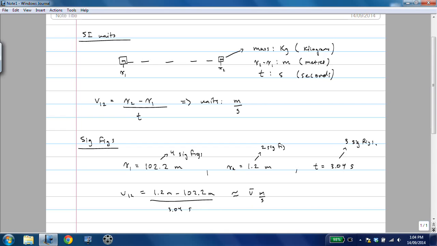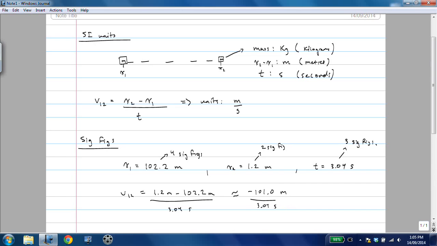But then when we actually look at this, actually I'll compute this. So we'll have 1.2 minus 102.2, so we get negative 101.0 meters for 3.04 seconds.